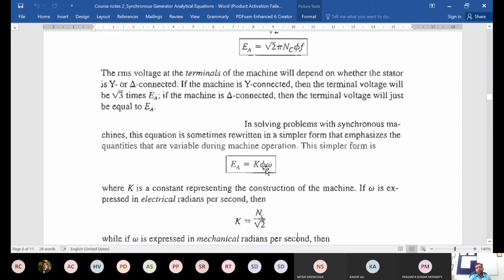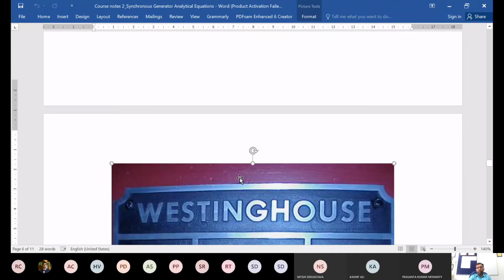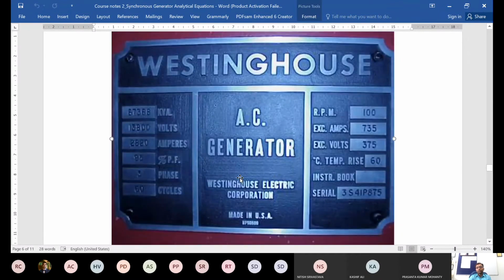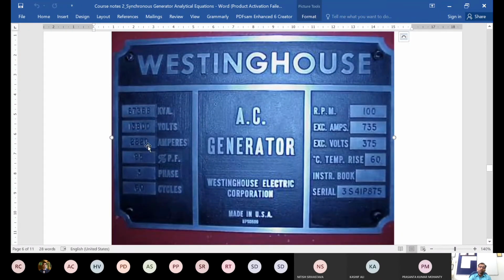So practically speaking, in this case the phi will be operated at the rated value only. We cannot go beyond the rated. Because phi is at the rated value and omega has dropped, your rated voltage will also drop. Only one change you're making, you're changing the RPM, but accordingly its effect is that your voltage will also have to be derated.